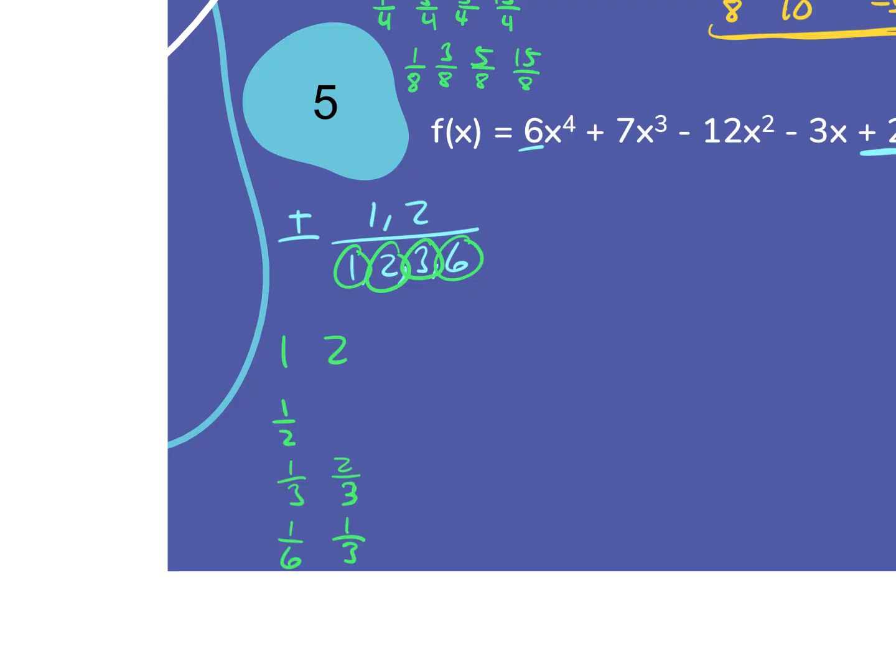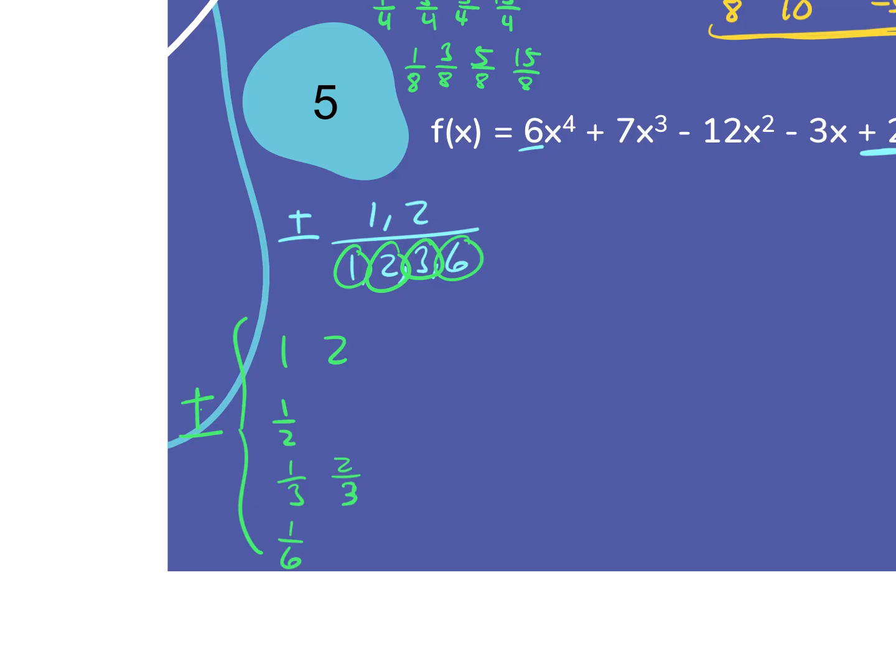So I'm just going to erase it. I don't need to test it twice. So really we only have plus minus these 6 possibilities, so really we have 12 options to choose from. Simplifying really narrows down some of your possibilities.